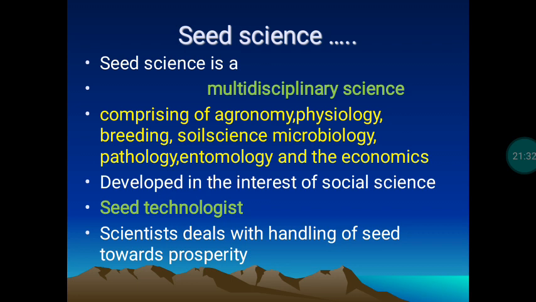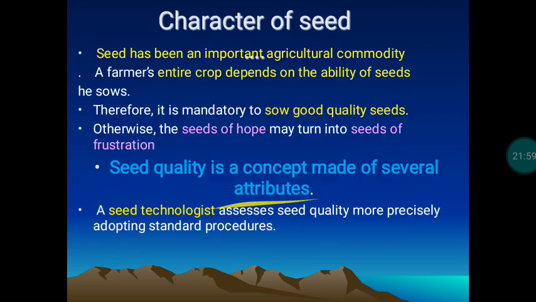For marketing we need the help of the social scientists. So seed science is not a separate science, it's a multidisciplinary science, a combination of various sciences. So what is the role of the seed technologist? The scientists deal with handling of seeds towards prosperity, towards supply of quality seed to the farmers.